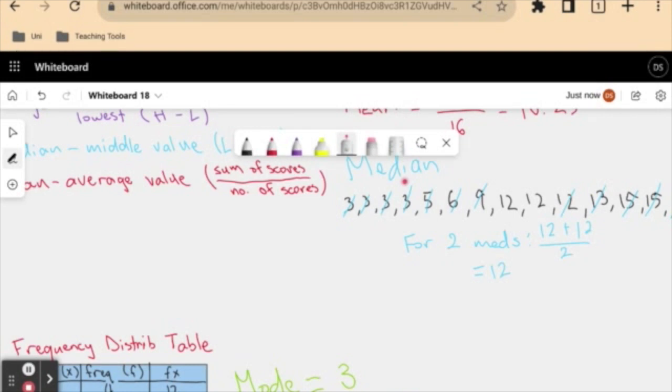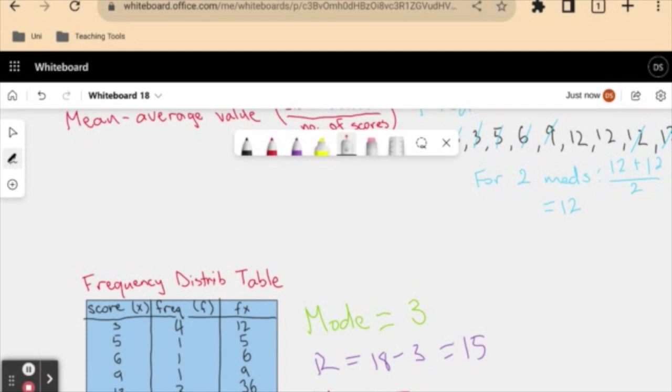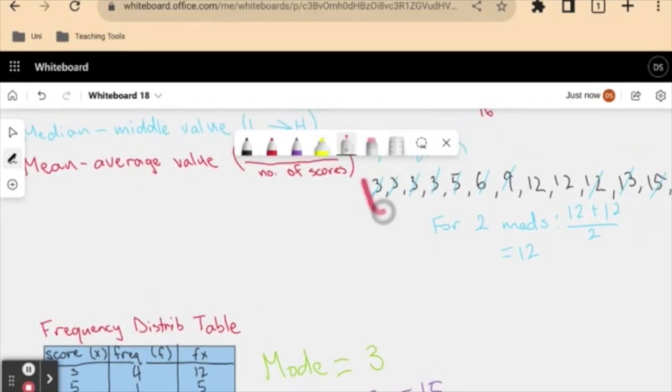So the effect of adding together our fx's is just the process of taking each of our numbers and adding them together.